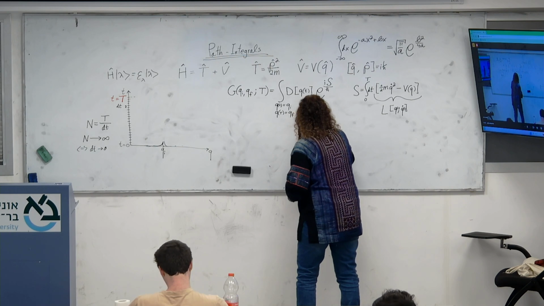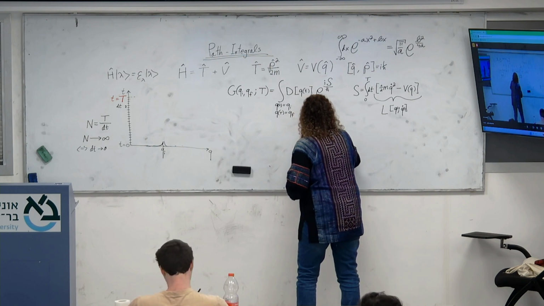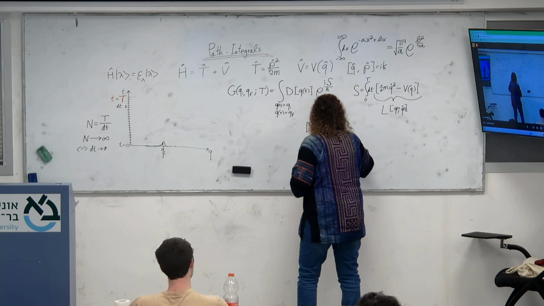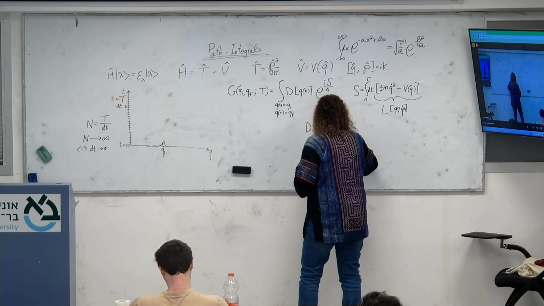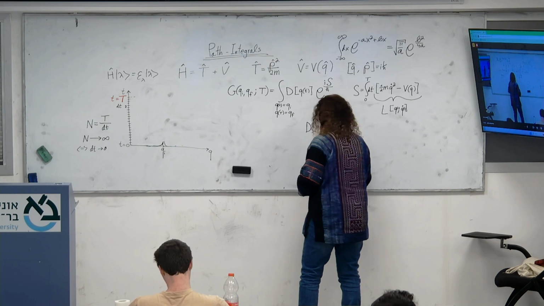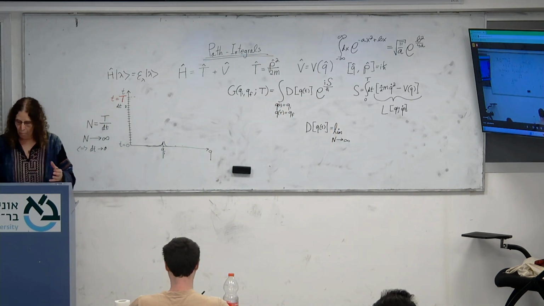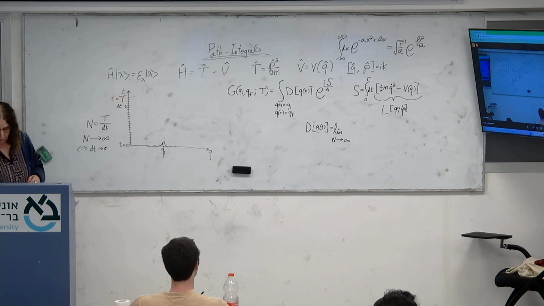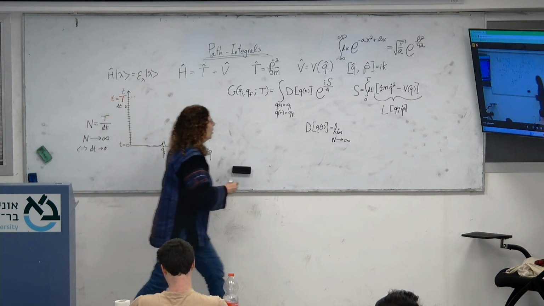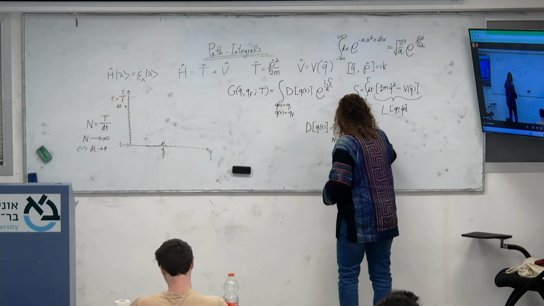Capital D is the limit for N going to infinity. Now I'm writing it explicitly in terms of the variable capital N, and it's the following expression.